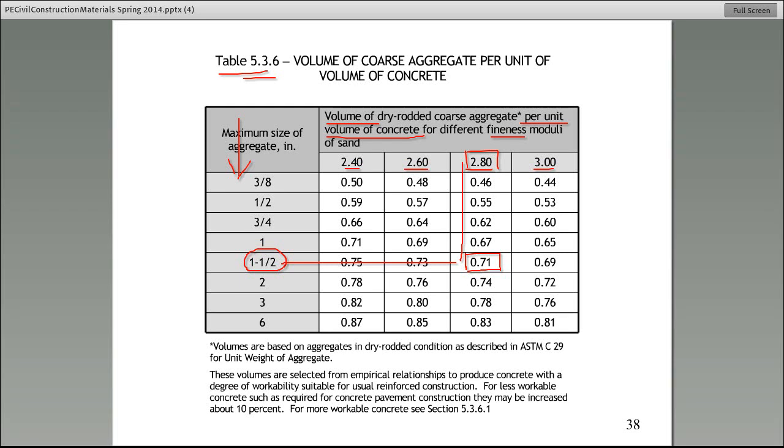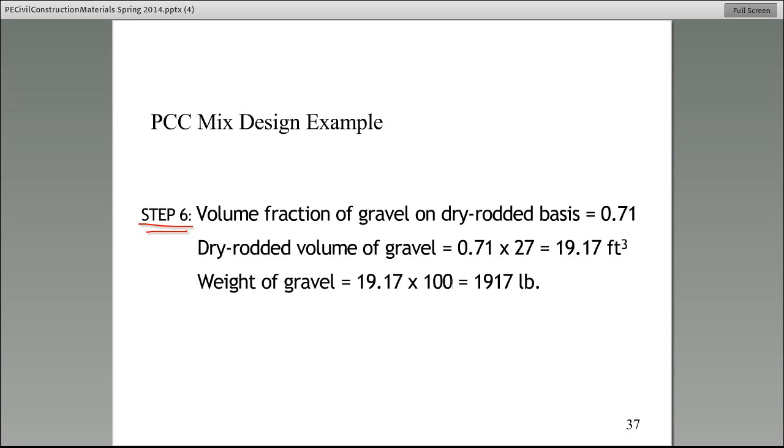So we are going to get 1 cubic yard of concrete using this ACI process. So I'm going to go back to the previous slide. So that's where the 0.71 comes from, and that is the dry rodded volume of gravel.